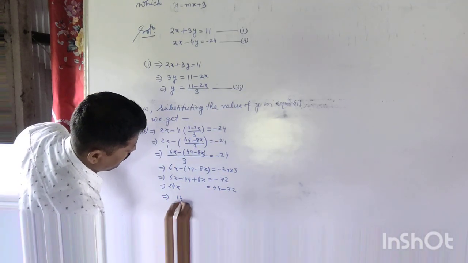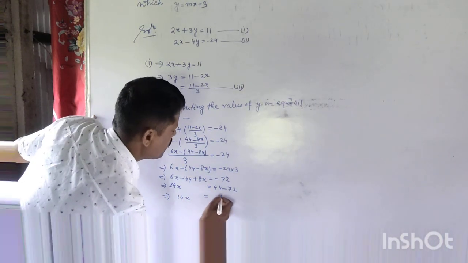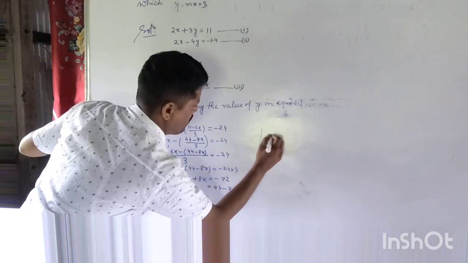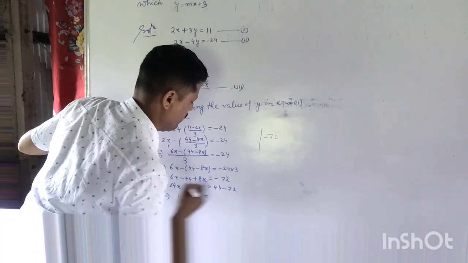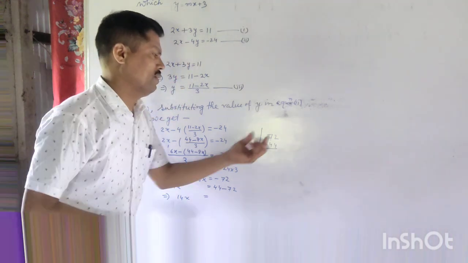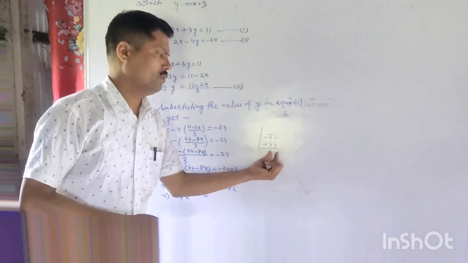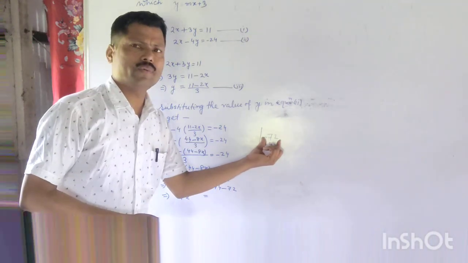Then 14x is equal to, if we subtract this, 72 is negative and 44 is positive, so opposite signs are here, so from the more value we have to subtract the less value, and the sign also we have to put accordingly.